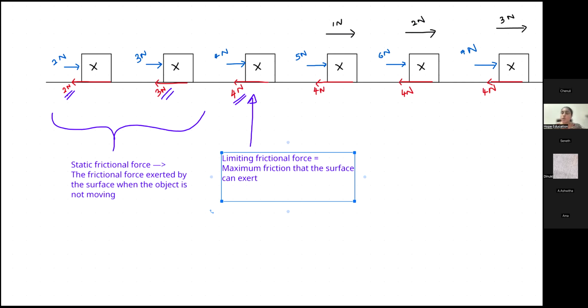Why? Because 4 newtons වලට වඩා limiting frictional force එක වැඩි වෙන්නේ නැහැ. So limiting frictional force එකට equal force එකක් මම exert කරන තැනදී, this is the point where the object is about to start the motion. පටන් ගත්තේ නැහැ, but about to start.